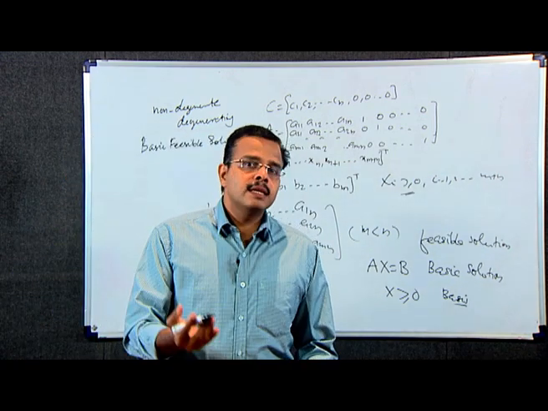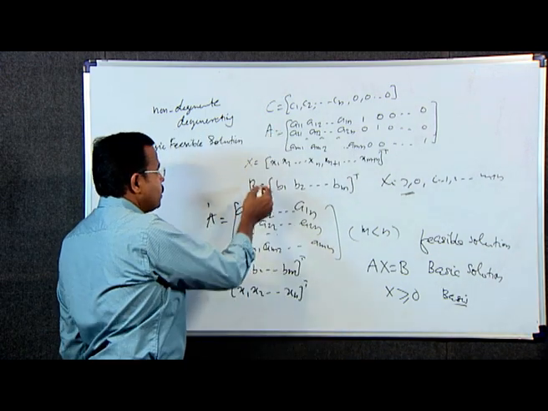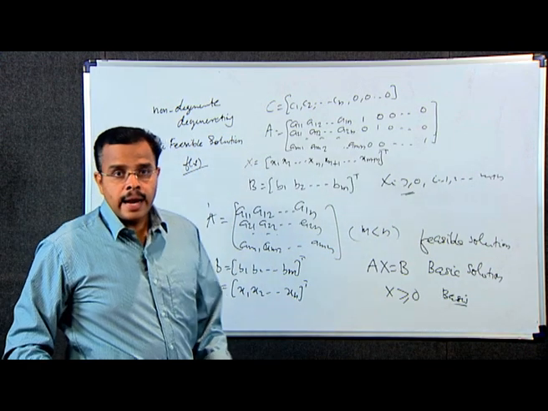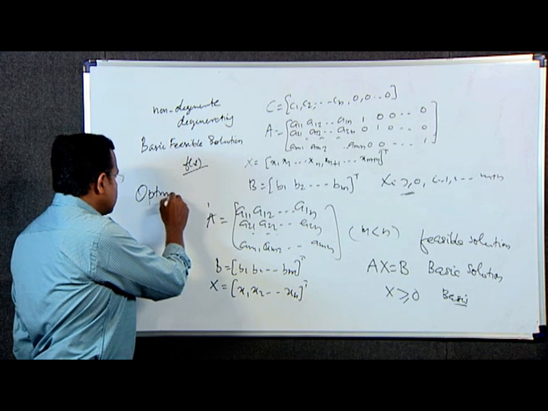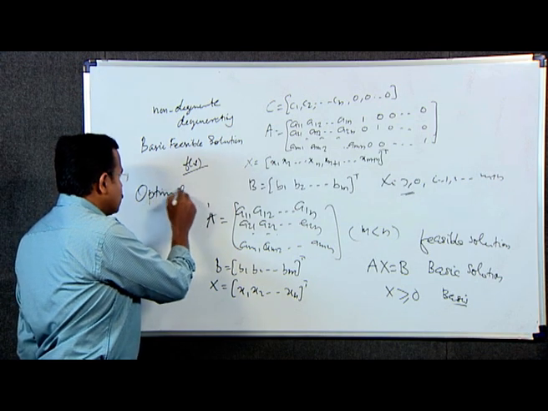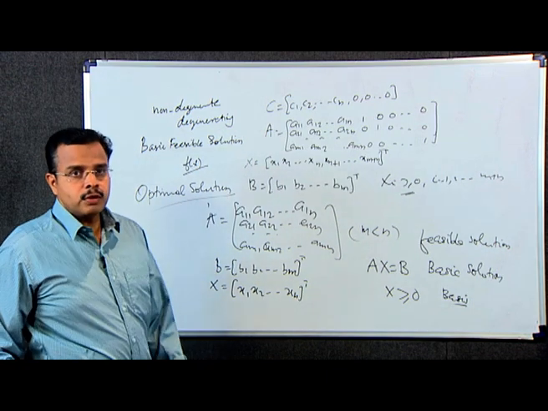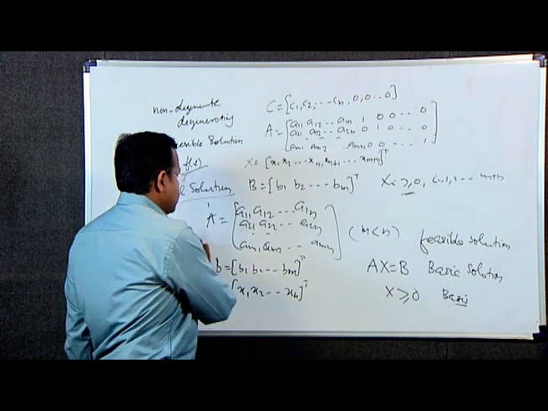A basic feasible solution which optimizes our objective function f of x is called an optimal solution of the problem. You can illustrate the things.